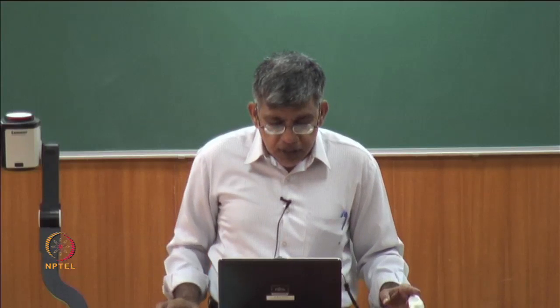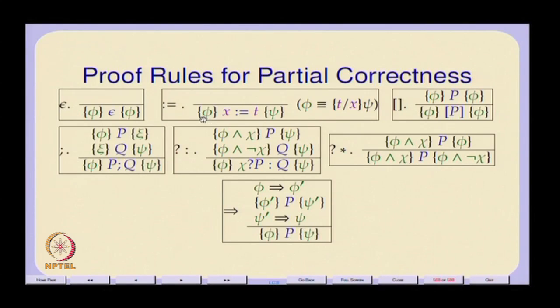Okay. So, therefore, if psi actually has x as a free variable, of course, it is quite possible that psi does not talk about x at all. In which case, x will not be a free variable of psi, and the result of the substitution will just leave it as psi. Okay.